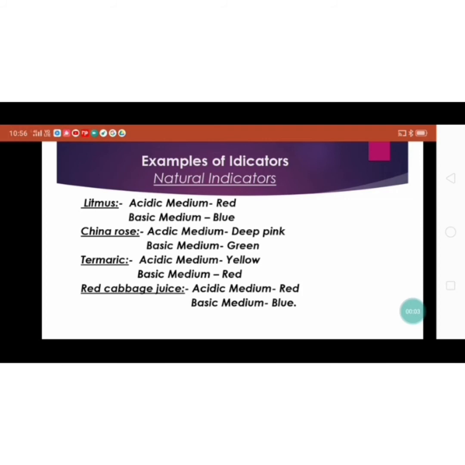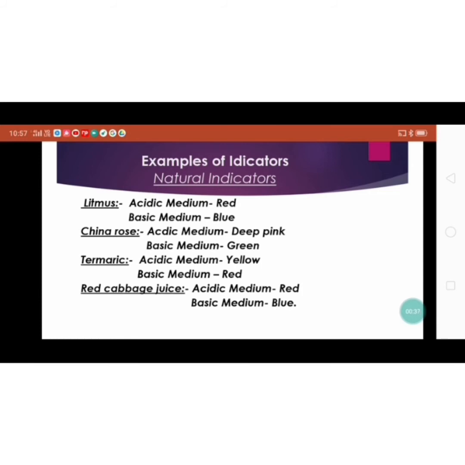Turmeric. Turmeric we use in our home, in the kitchen, for preparing food. And we all know what is turmeric, yellow colored powdery substance which is used in our kitchen specially. So this turmeric can be used as indicator, acid base indicator, to find out whether a substance is acidic or basic or neutral.